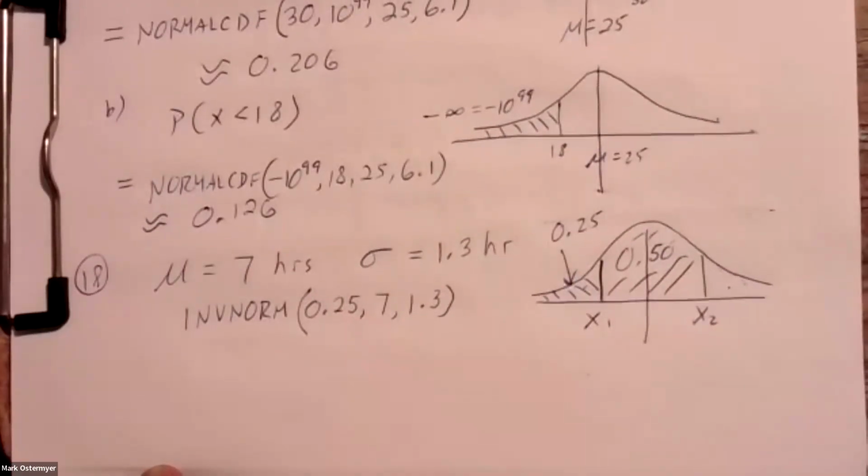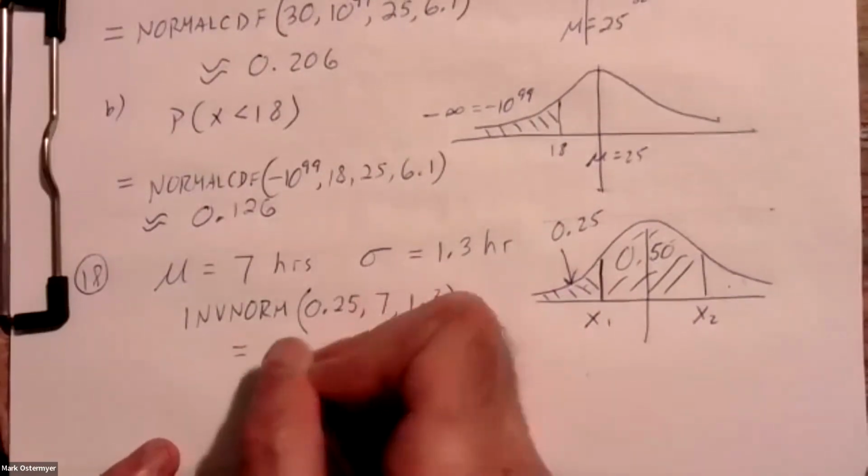Okay, so we will bring up our calculator and find that value using the inverse norm function, which hangs out in your distribution mode. Again, the area is 0.25. The mean is 7 and the standard deviation is 1.3.